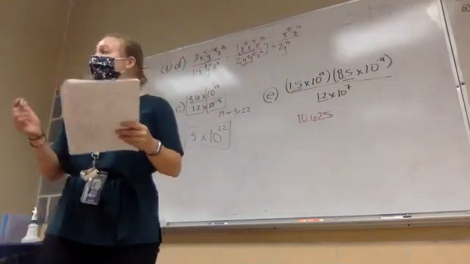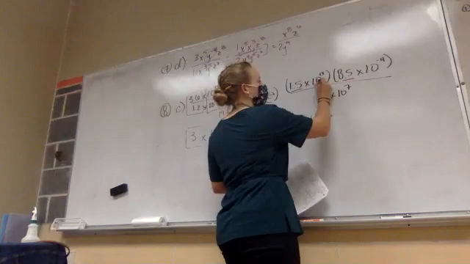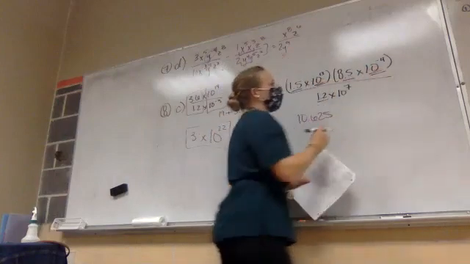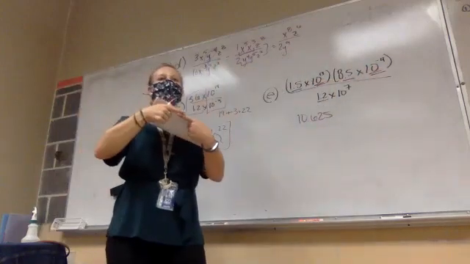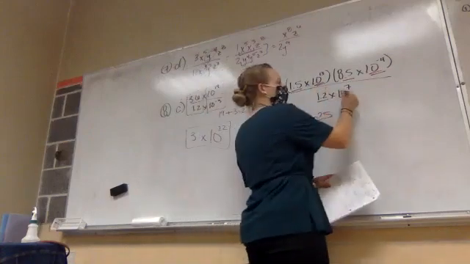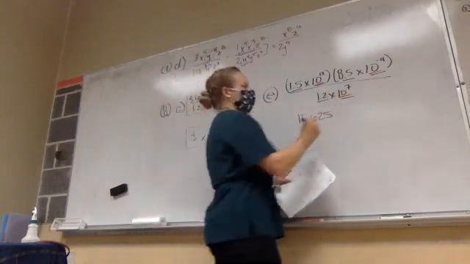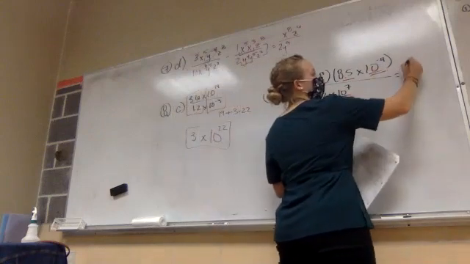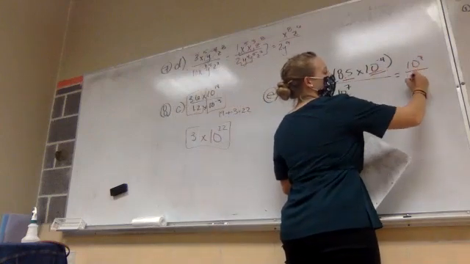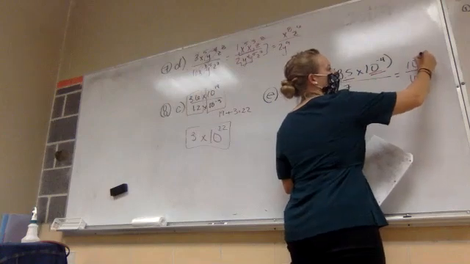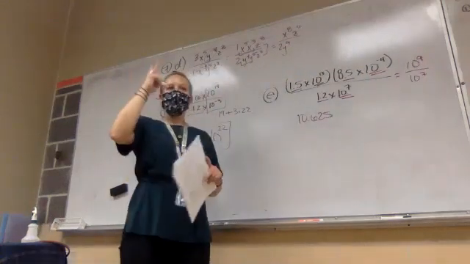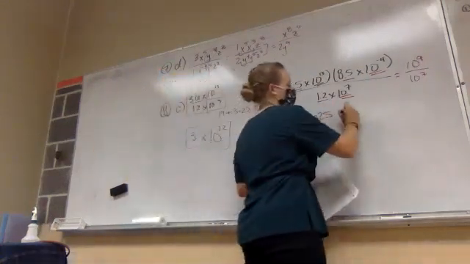Now I gotta do my exponents, so I'm gonna do 10 to the 13th, 10 to the negative 4th. If you add those together, I get 10 to the 9th. And then I'm minusing off that 10 to the 7th. The top will be 10 to the 9th, divided by 10 to the 7th, which will give me 10 to the 2.